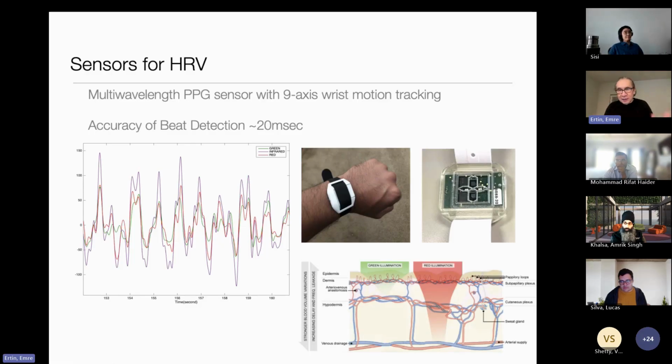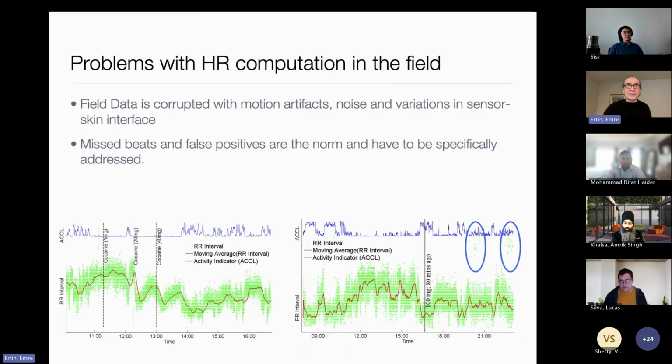Not true. It's just motion artifacts, etc., coming together and confounding what the photoplethysmography signal is revealing about the underlying heart rate. In the field, you get a lot of the time these double peaks that don't exist, just because of the motion artifacts.